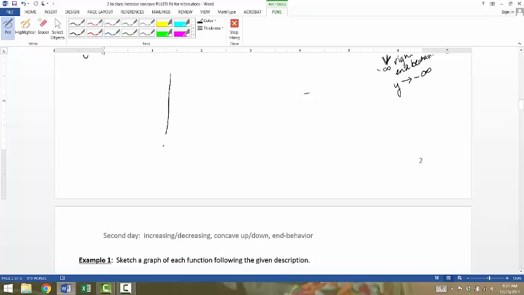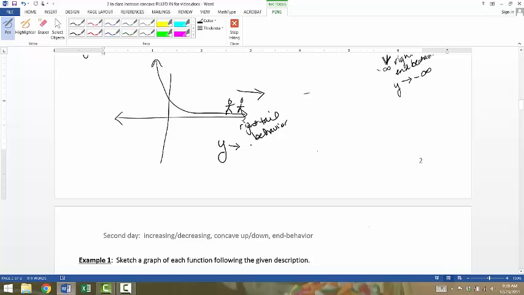Let's look at one more. This looks like a decreasing exponential function. Decreasing exponential function, the right tail behavior as x goes up, up, up, as we walk to the right, the y approaches 0, right?